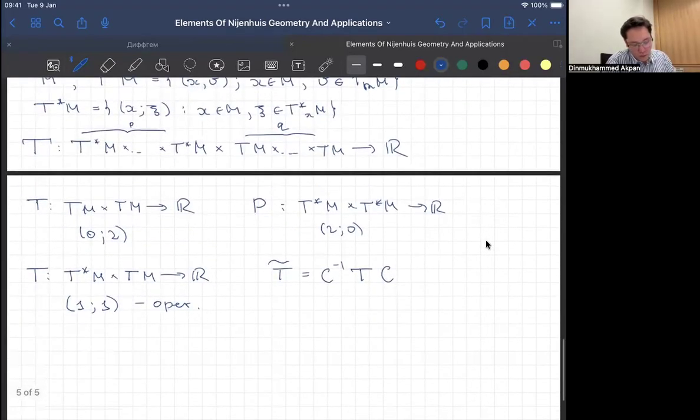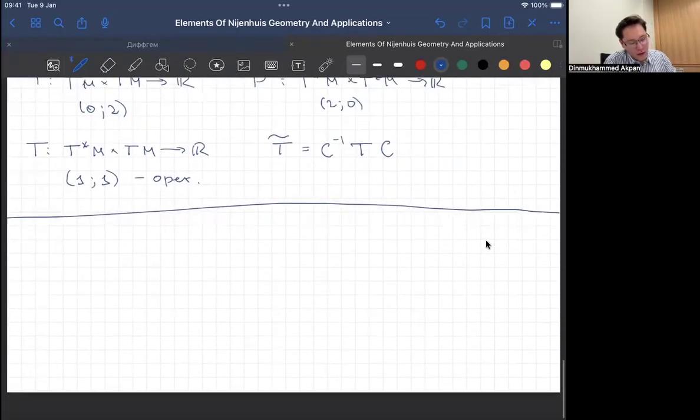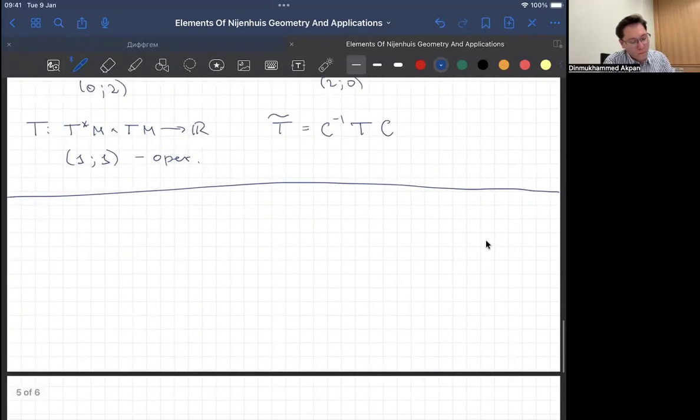So that's a short reminder of what a tensor is. Here we study operator fields, tensors of type (1, 1), one upper index and one lower index.